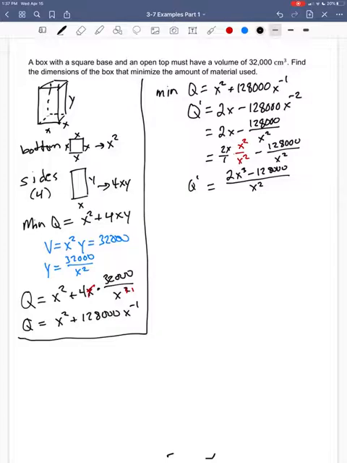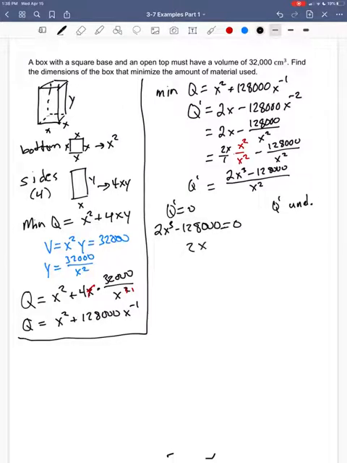Now, to find any critical numbers, I set Q prime equal to 0, or I look where Q prime is undefined. Since Q prime here is a fraction, it's going to be equal to 0 when the numerator is 0, and it's going to be undefined when the denominator is 0. So we're going to get 2x cubed minus 128,000 equals 0.